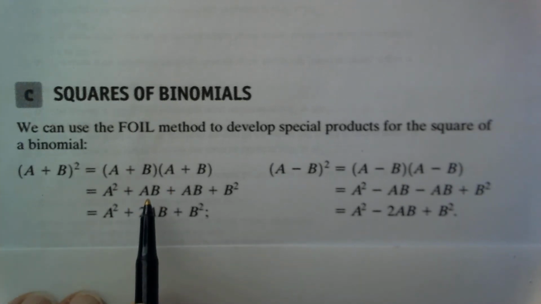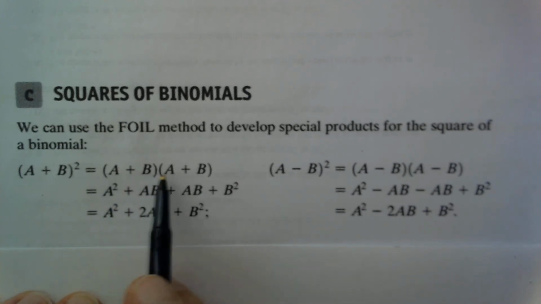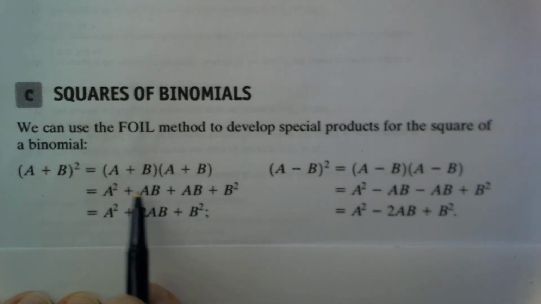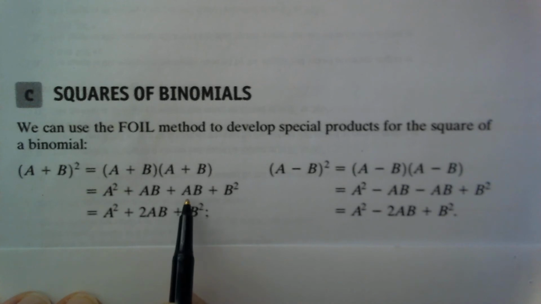So when we use what we've learned above and multiply these binomials, we get a times a is a squared. And a times b is ab. And b times a is ab also, because multiplication is commutative, so b times a is the same as a times b.